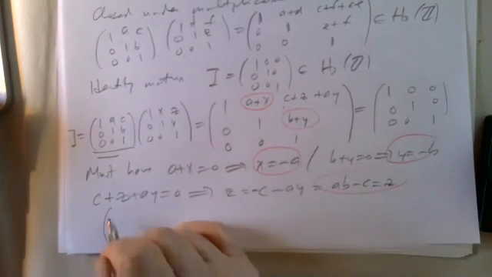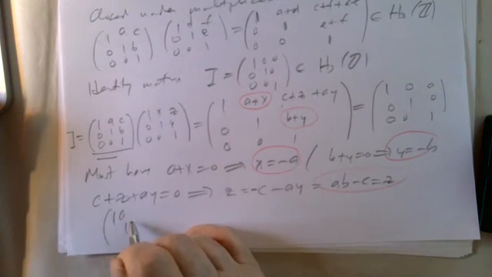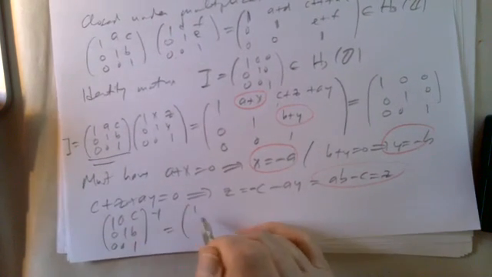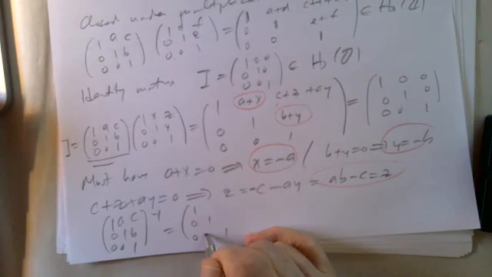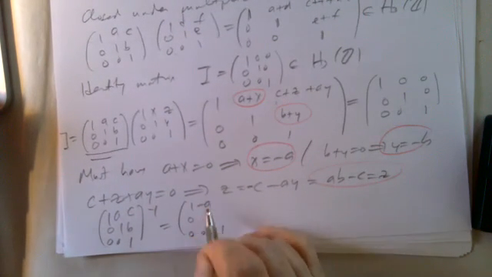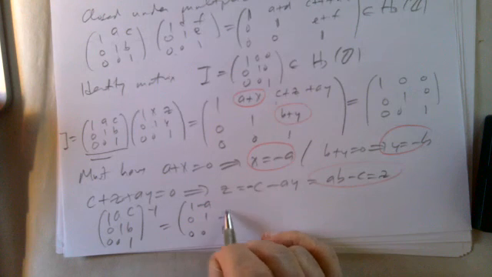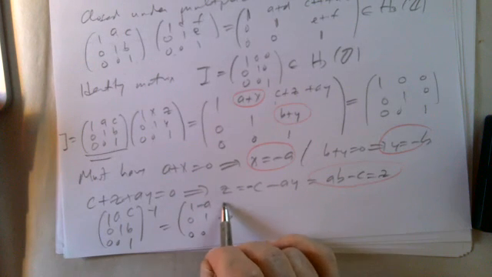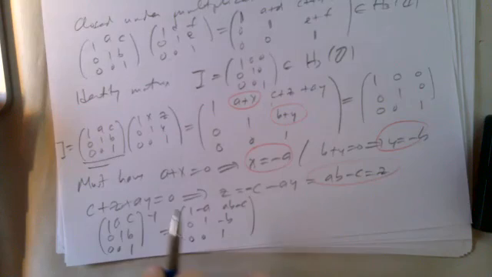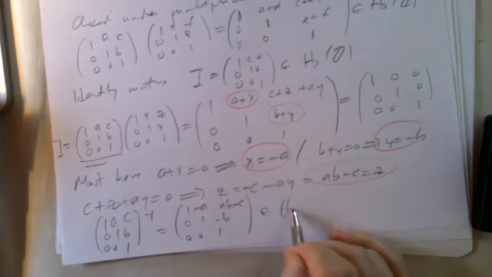So if you have this matrix, the inverse is the matrix where X is minus A, Y is minus B, and this coordinate is AB minus C. And again, this is in the set.